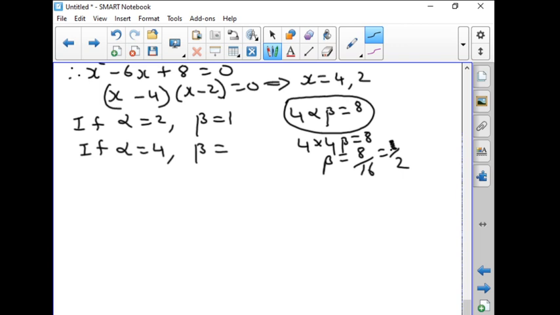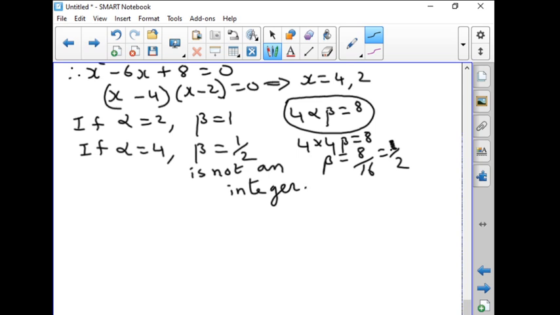But here what is given? It should be an integer. Okay, the other root of the first and second equations are integers. Okay, so 1 by 2 is not an integer.